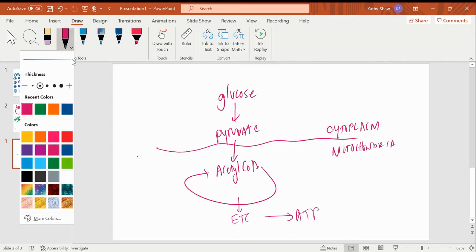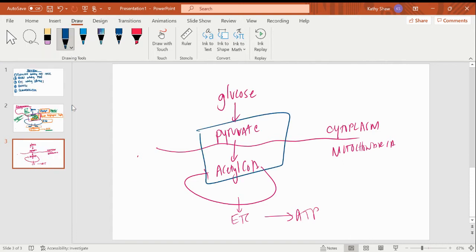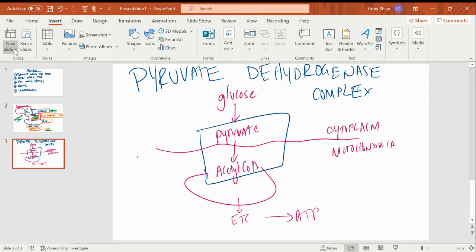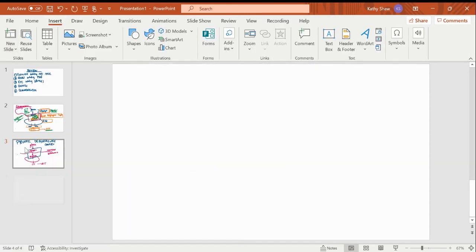So our first step, our first thing we've got to do after we've done glycolysis, before we can do the Krebs cycle, is the pyruvate dehydrogenase complex. So this is our ticket into the mitochondria. It's our ticket into the Krebs cycle, and it's our link between glycolysis and the Krebs cycle. It's not part of either. It's the link between them. So let's talk about what we do there, and we'll talk about the easy way to remember it.